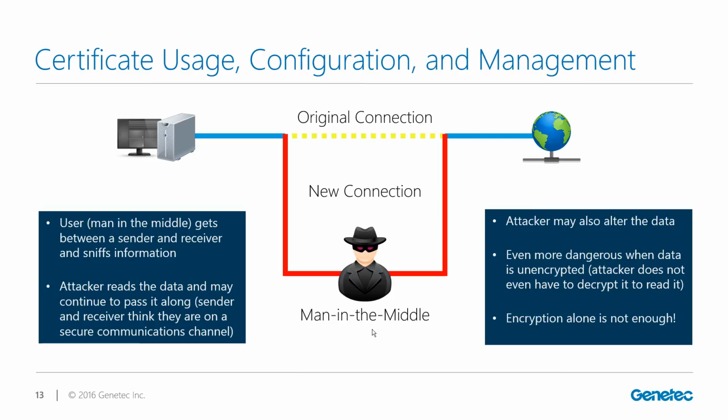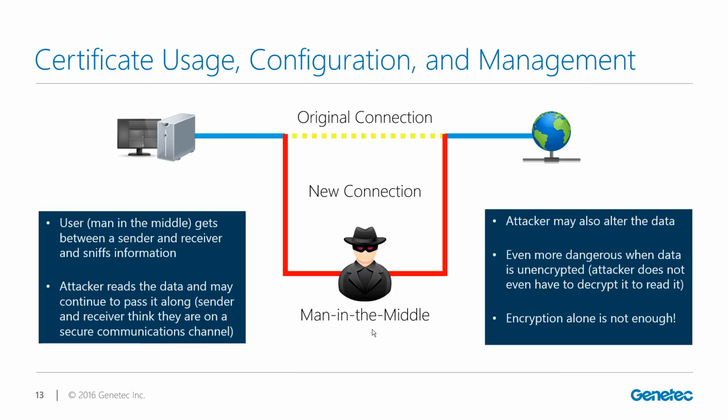So basically, what can happen here is if we don't have the data encrypted, then it's even easier for the man in the middle to see the data. There's no decryption, there's no keys required, so that makes it even more insecure. So encryption is good from that perspective, unless he has actually gotten his hands on one of the decryption keys.